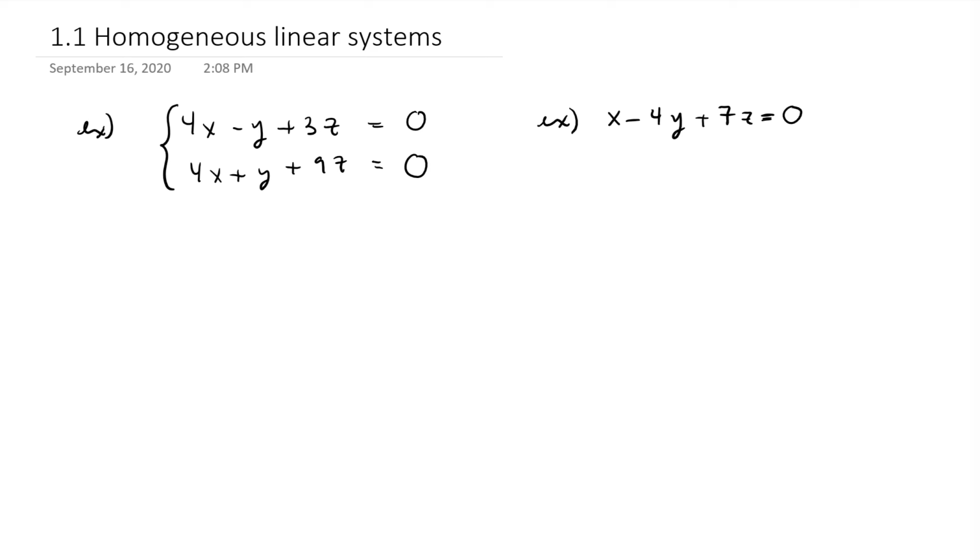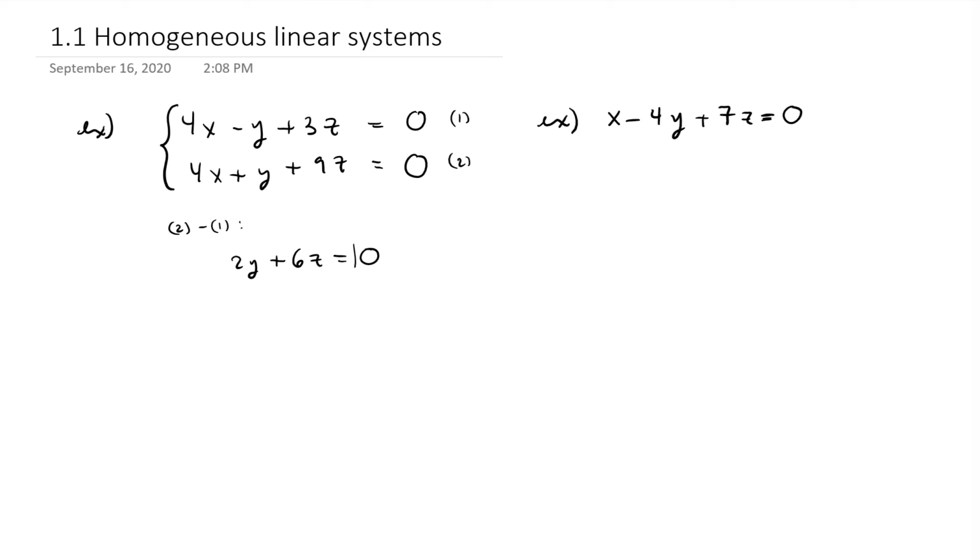Let's start with the first example. Maybe this is equation 1, this is equation 2. I will do equation 2 minus equation 1. 4x minus 4x cancels out. I get 2y plus 9 minus 3, which is 6z, equal to 0.